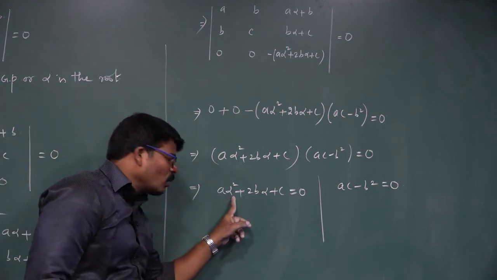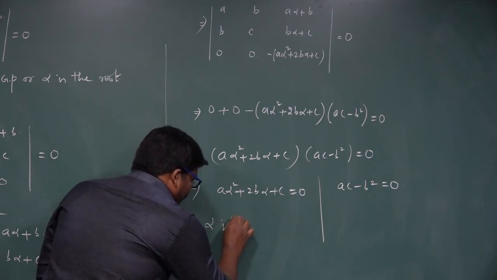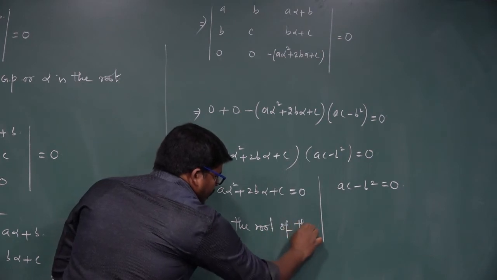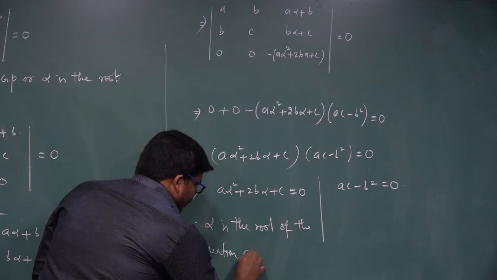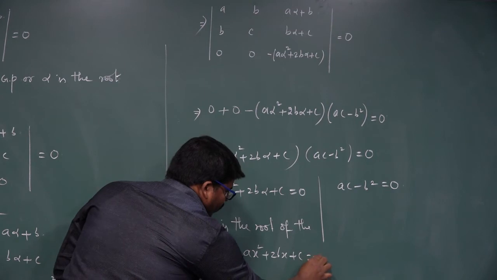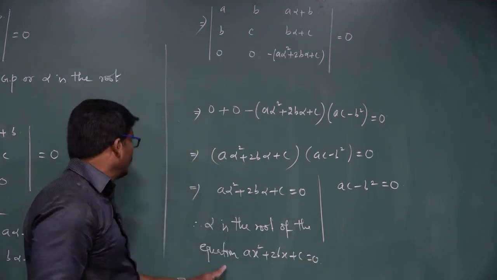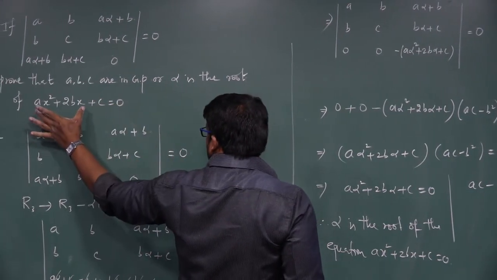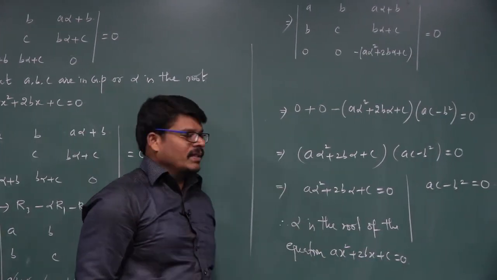Here alpha is a root of this equation, therefore alpha is a root of the equation AX square plus 2BX plus C equal to 0. We have to prove that alpha is a root of AX square plus 2BX plus C equal to 0. That is the first answer.